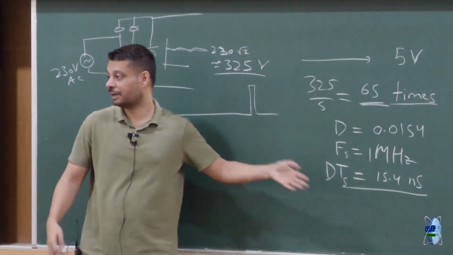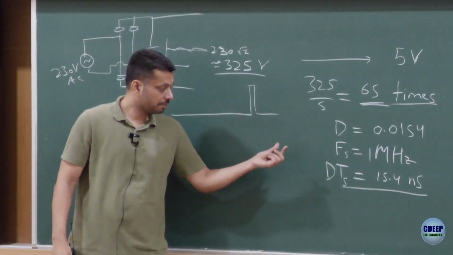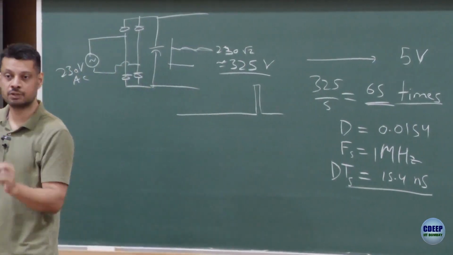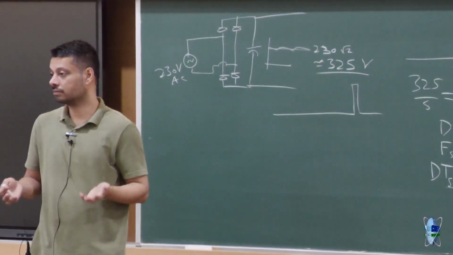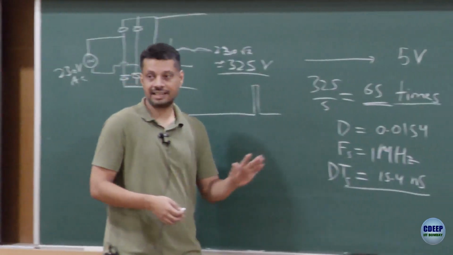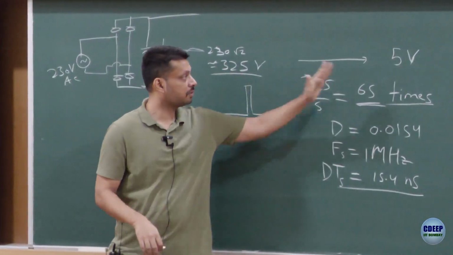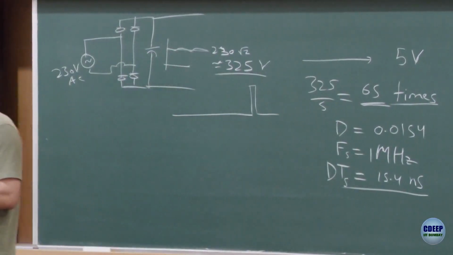If this is double, instead of 5 you will get 10 volt. So you realize that creating this very small time pulse of a very precise value is very, very challenging if you are using a microcontroller, the one you have been studying in the other course. That is challenge number 1, the problem if you want to go from 325 to 5 volt using a buck converter.